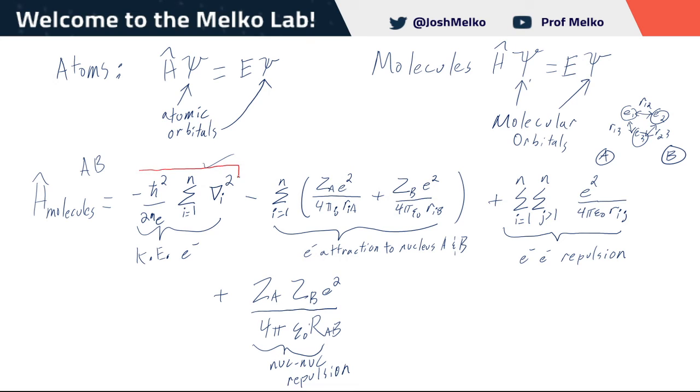Okay, so in red here is the kinetic term. Everything else is potential terms. There are attractive terms like the first two, and repulsive terms like the second two. And now we have the Hamiltonian here written for a molecule.